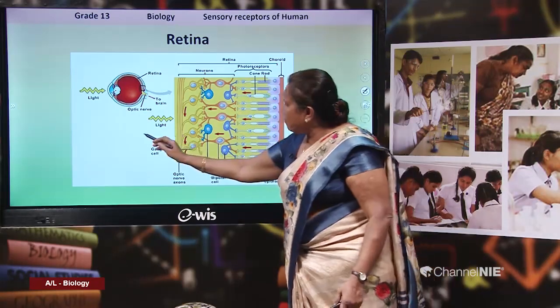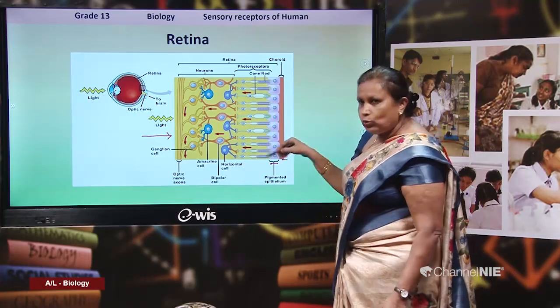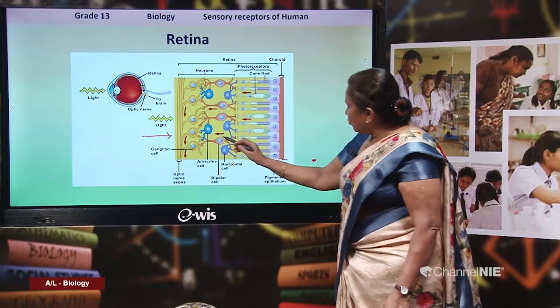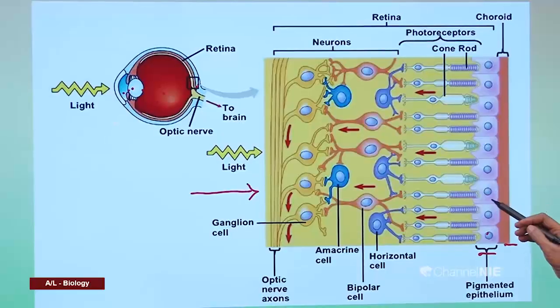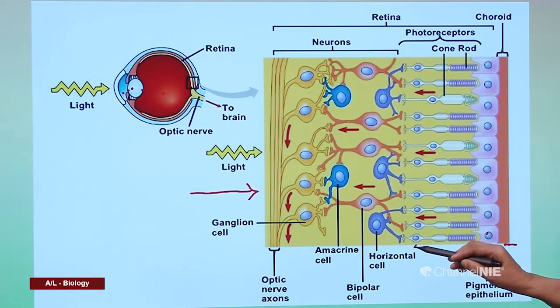This is the side of light entering into the retina. First, once it has moved through, some of the light is absorbed by a certain group of cells present here, which are called photoreceptors.